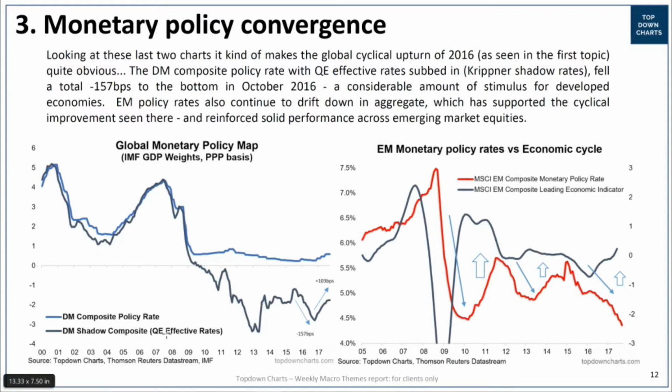So it substitutes in the shadow policy rate, which is an indicator developed by Leo Krippner of the Reserve Bank of New Zealand. And that indicator is designed to show the impact of quantitative easing on the policy rate. So it shows you the QE effective interest rate.